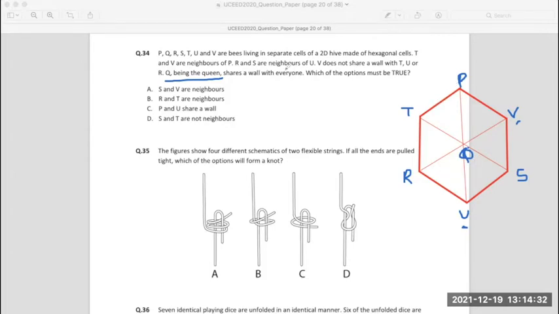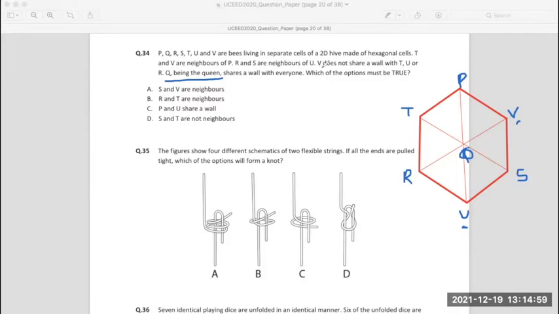And then I say, okay, T and V are neighbors of P, which is satisfied here. R and S are neighbors of U, which satisfies the condition here. And the last condition, I will cross-check if it aligns with the previous two conditions.